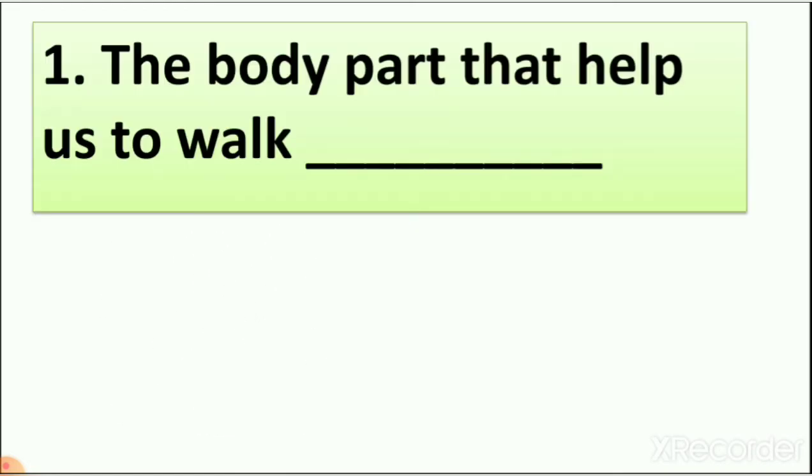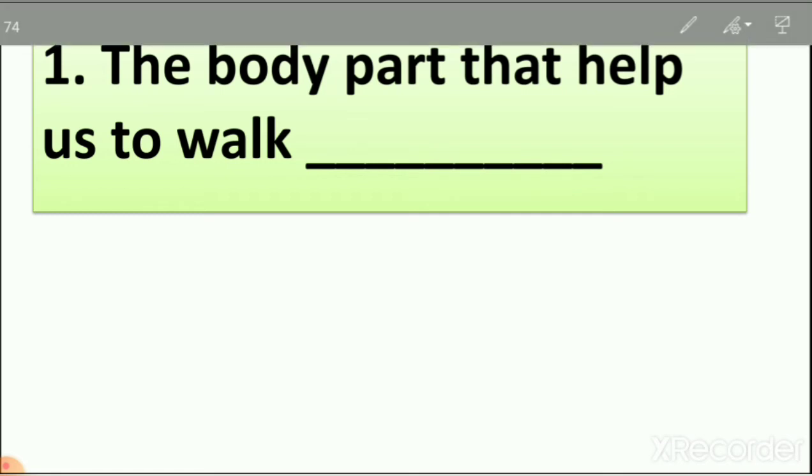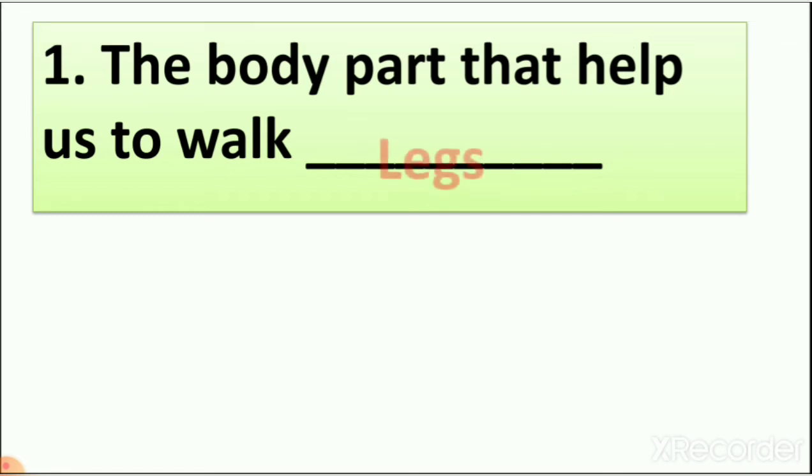It means for walking. When you walk from the drawing room to the kitchen, what are you using? You are using your legs. So the answer is legs. The body part that helps us to walk is legs.